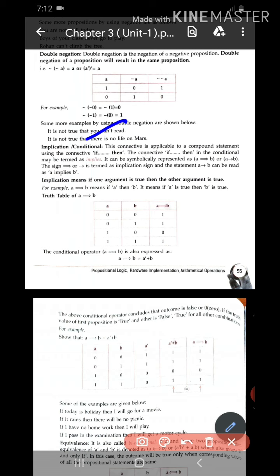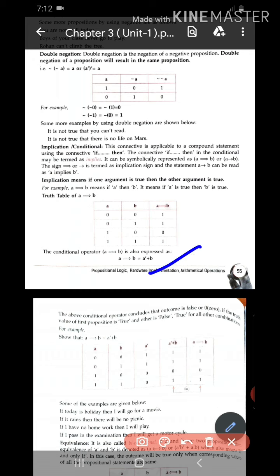If we are writing A arrow B, what do we know? Nothing. If I'm saying A implies B, what is the value? What is the conclusion for that? We don't know. Means we want some formula to solve it. We are having that formula.